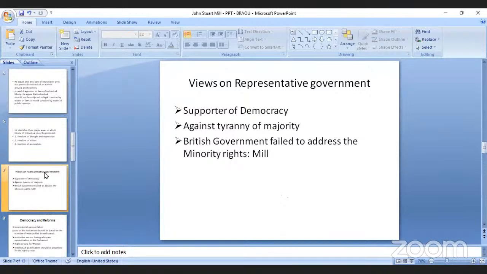So why is he against the tyranny of majority? He is basically from England. So in those times the British government failed to address minority rights. So that's why he believes that the tyranny of majority will not make it possible for the minority groups to develop.